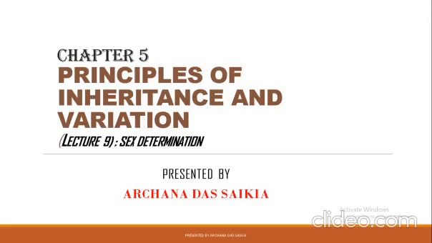Now before going into the topics, it is very important to remember that all organisms, diploid organisms to be more specific, are made up of a definite number of chromosomes which depends upon the species.